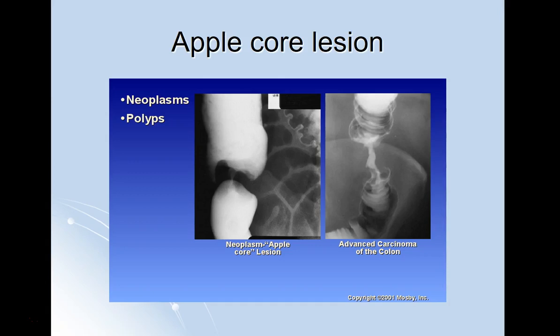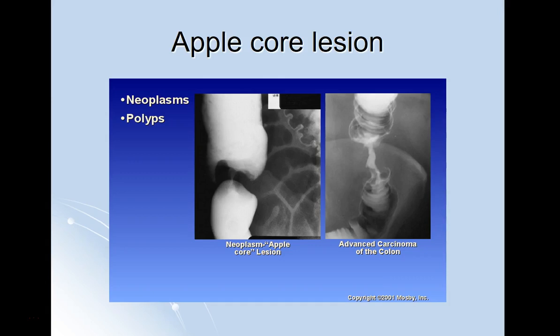All right, apple core lesions, last but not least. An apple core lesion is a radiographic sign of a neoplasm. And remember, neoplasm is just a term for new growth. A neoplasm doesn't necessarily mean that it's cancerous.